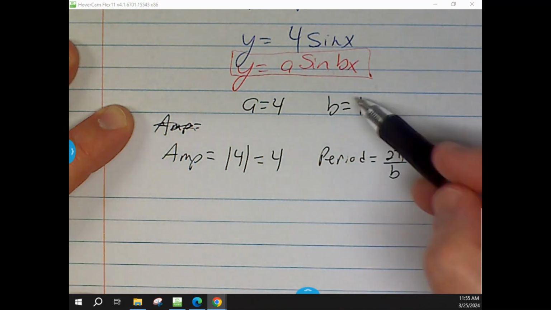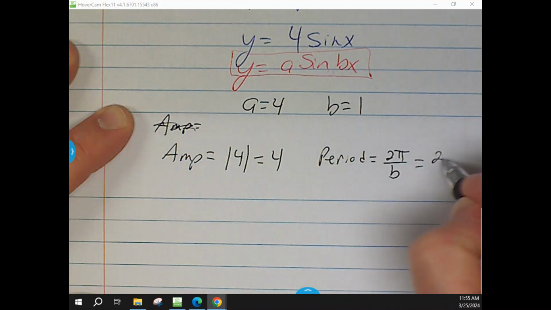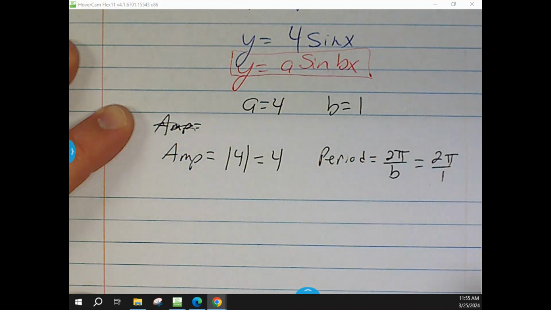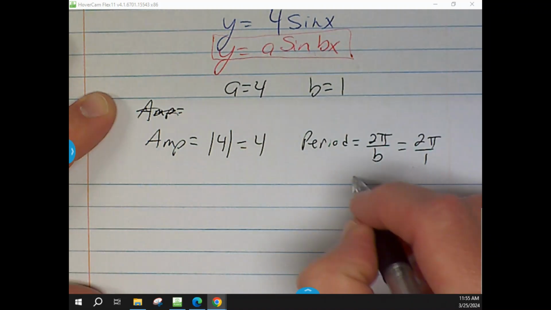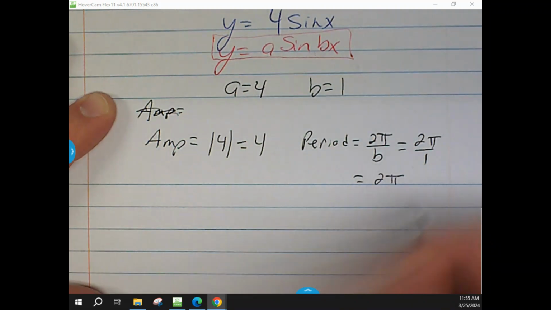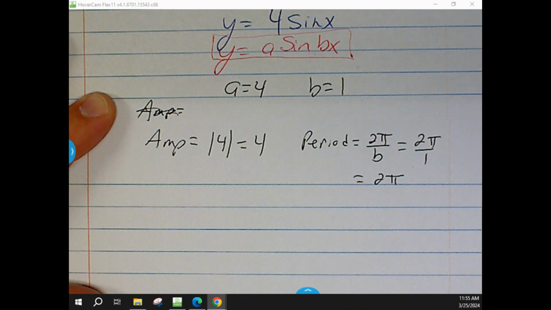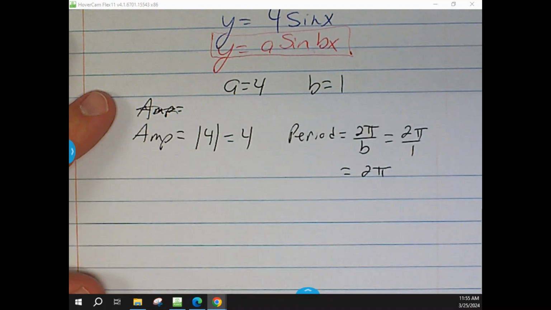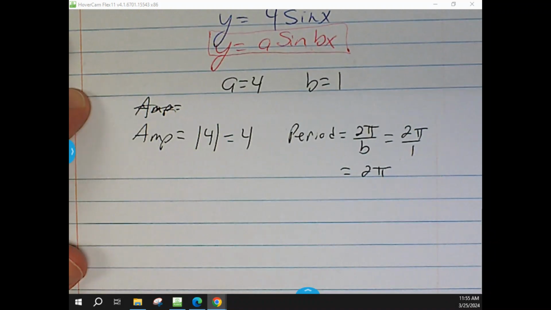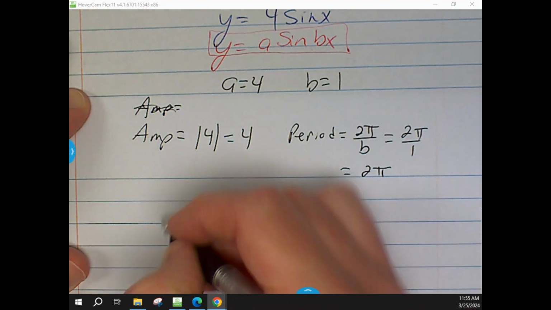In that case, our b is 1. So it's 2 pi over 1. And again, if it's over 1, that doesn't really change anything. So our period is just 2 pi. So amplitude is 4. And the period is 2 pi over b, so that's just 2 pi over 1, which is just 2 pi.